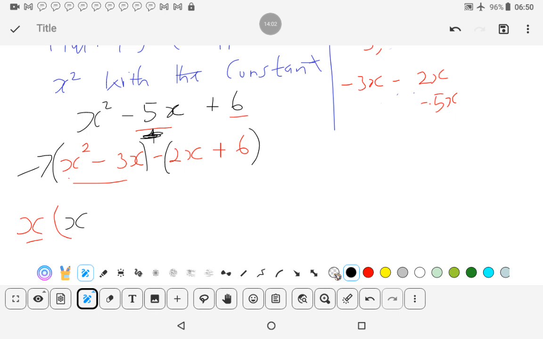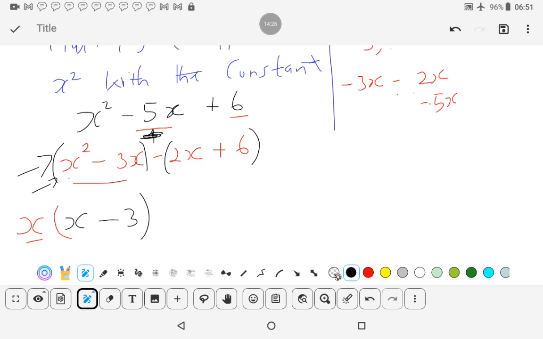When you multiply x with x, it will give you back this x squared. And which number are you going to multiply with x to give you back the other 3x? The number is 3, because x times 3 will give you back 3x. So you have factored out this.